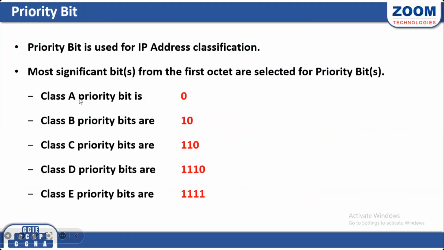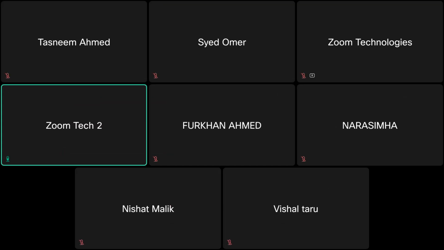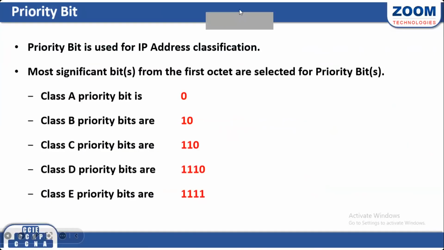For class A IP, the priority bit is 0, present in the first octet. Then for class B, the priority bits are 10. For class C, 110. Class D, 1110. Then for class E, 1111. So in binary, you can easily identify the class of an IP address.